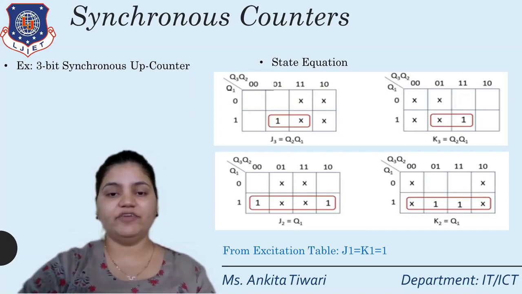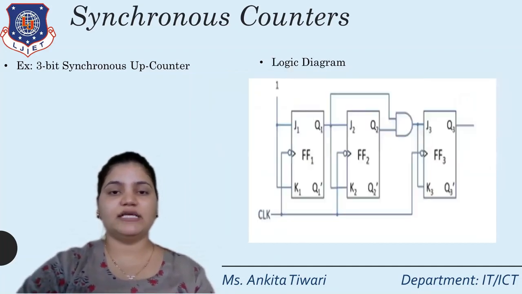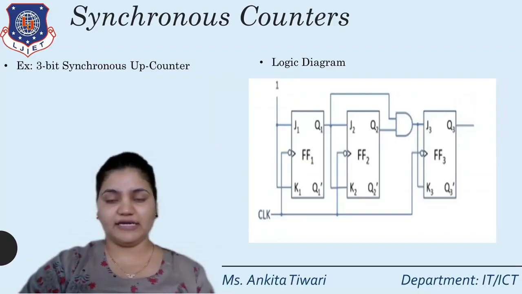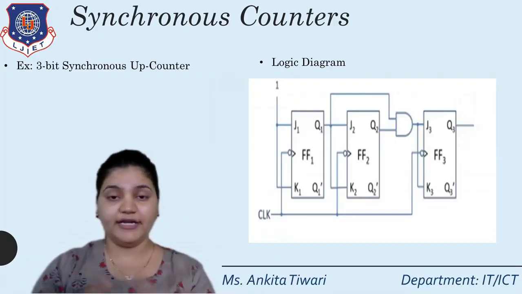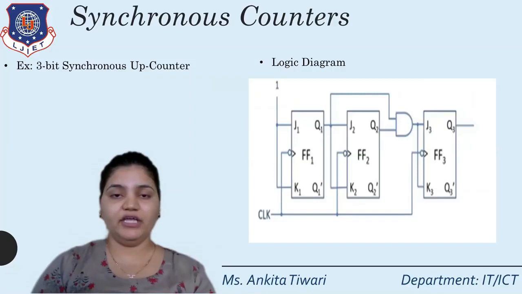The third step we do in synchronous counters is the logic diagram. The circuit diagram that we can see here needs to be a 3-bit circuit, so we need to have 3 flip-flops. In the diagram itself, I have taken 3 flip-flops: J3, K3, J2, K2 and J1, K1.